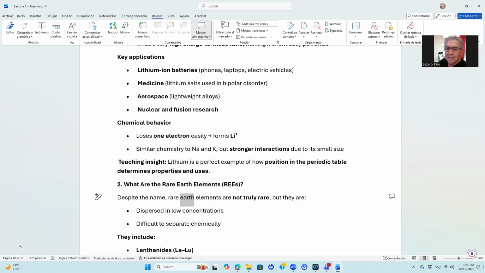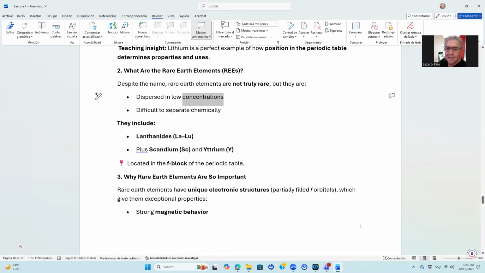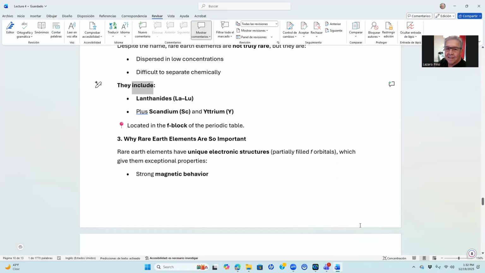Despite the name, rare earth elements are not truly rare, but they are dispersed in low concentrations. Difficult to separate chemically. They include the lanthanides, La to Lu, plus scandium, Sc, and yttrium, Y, located in the F block of the periodic table.